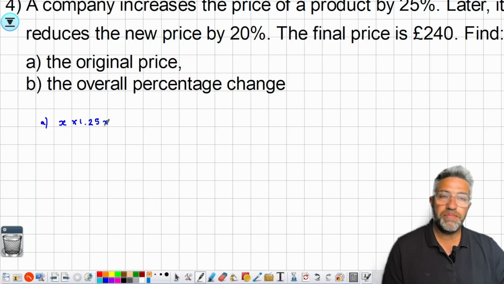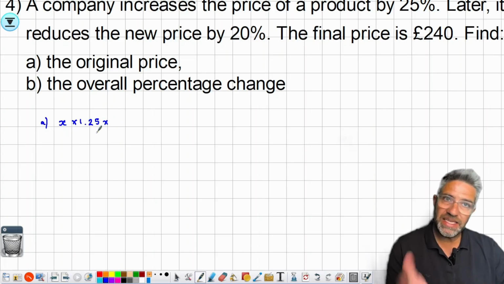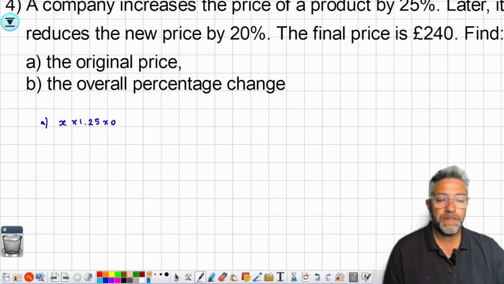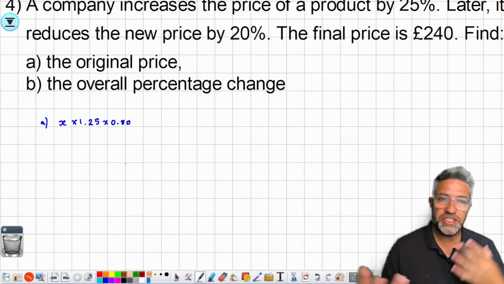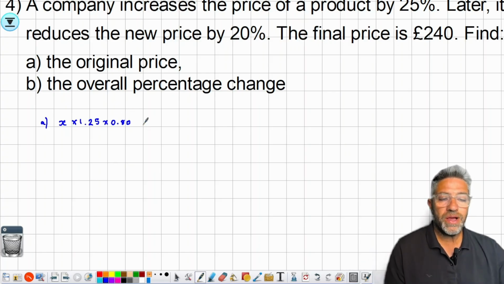If I reduce something by 20%, I have 80% left. So that would need multiplying by 0.8. For clarity, I'm just going to write the 0 in, for no other reason than so you can see where the percentages are coming from. And we are told that the final price is £240, like so.